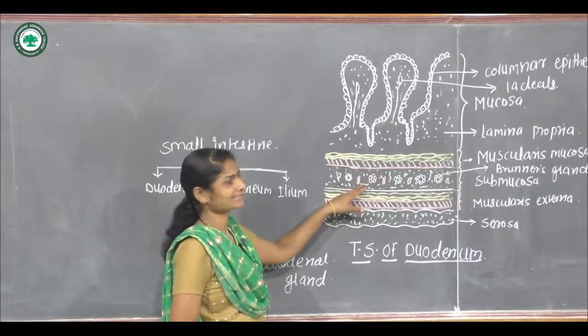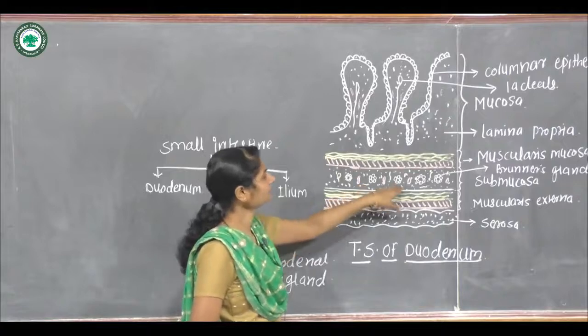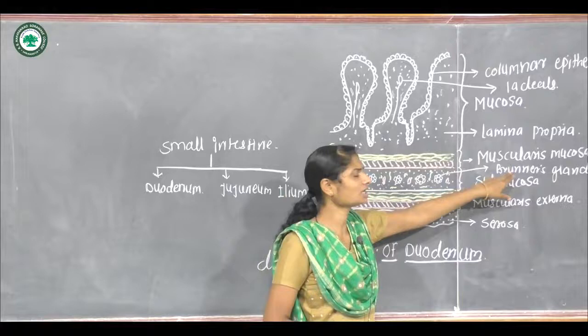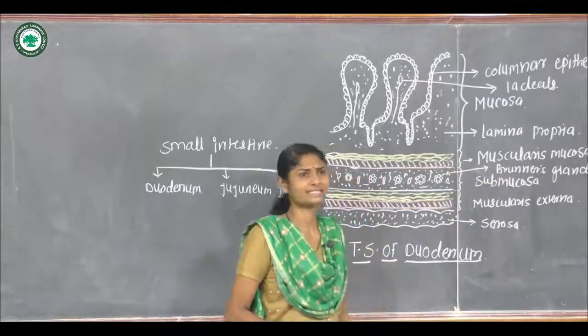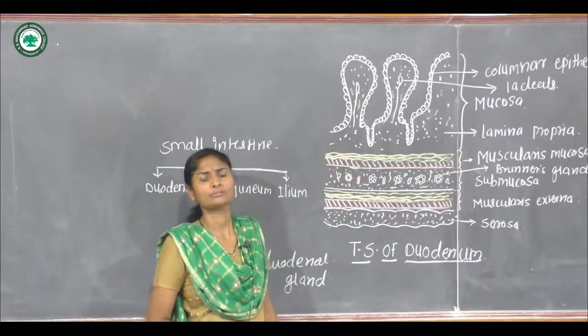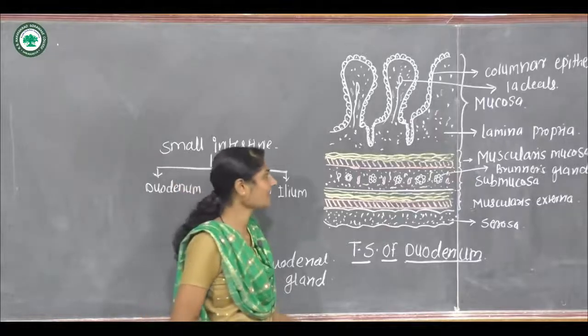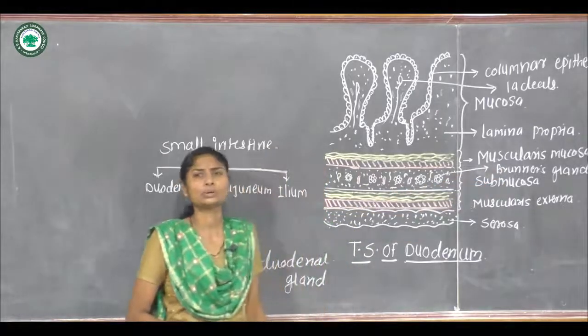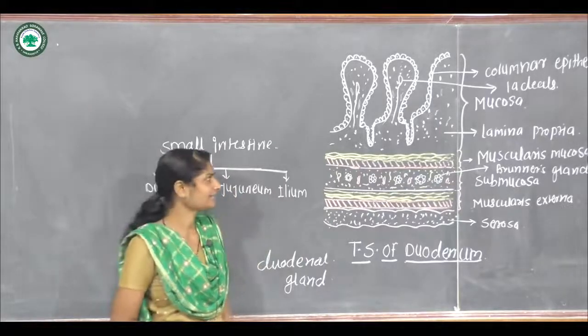The alkaline mucus protects the duodenum from the acidic media. Brunner's glands are present only in mammals.